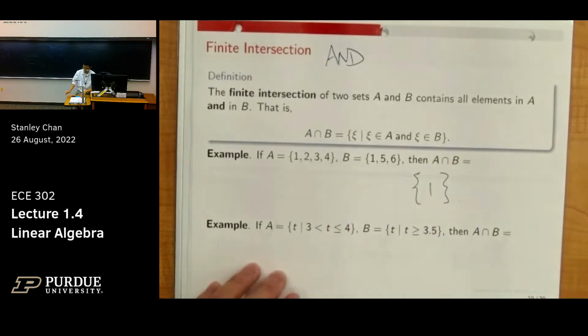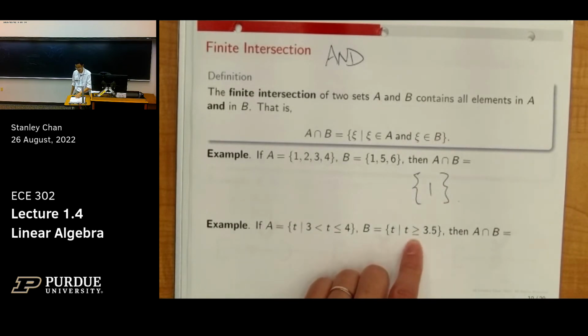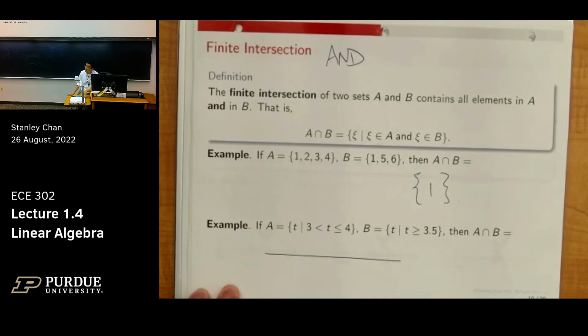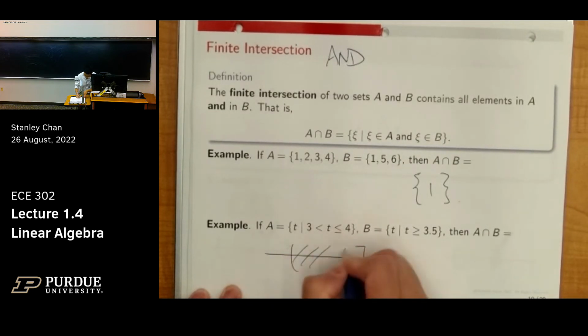For this event, t between 3 and 4, including 4, and t bigger than or equal to 3.5, let's draw it.